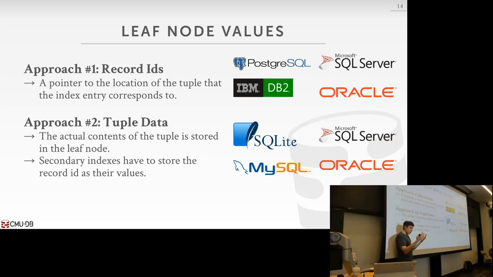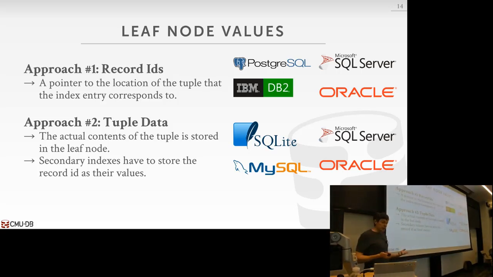So now when I want to do a traversal to find a particular key or tuple, instead of, in the first case, traversing the index, getting a record ID, then doing a lookup in the page table and scanning inside that block to find the tuple that I want, what if, as I do the traversal, when I land in the leaf node, the data that I want is already there? MySQL and SQLite are probably the two famous ones that do this. In cases like Oracle and SQL Server, I think by default you get the one at the top, but you can tell it to do this at the bottom. You have to pass in special flags.